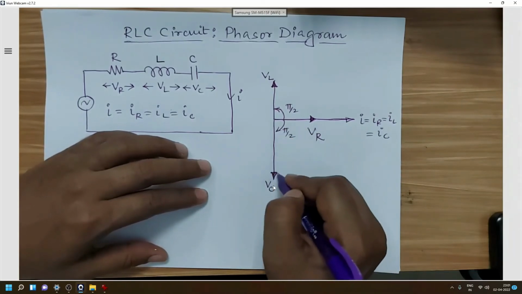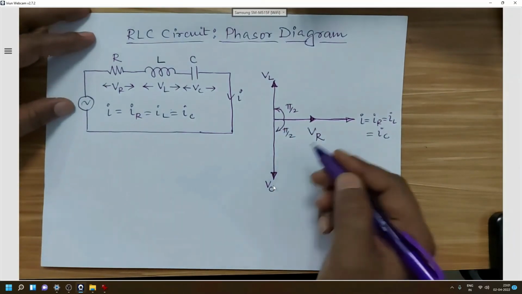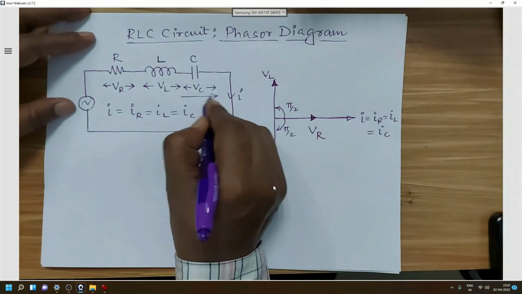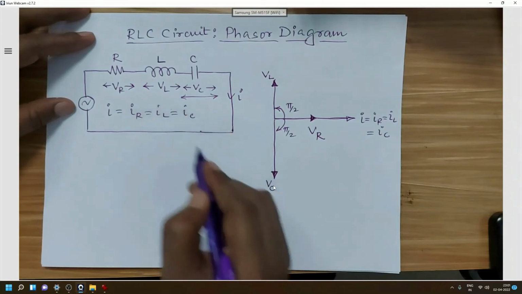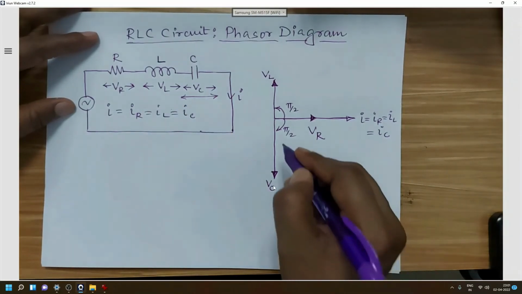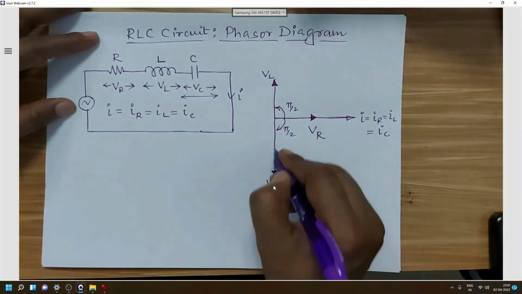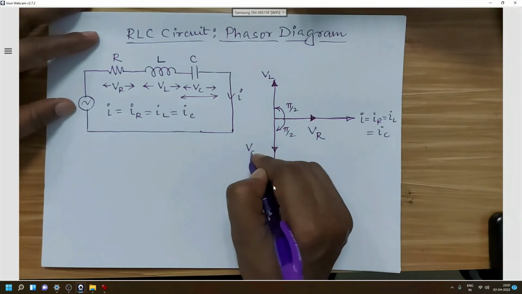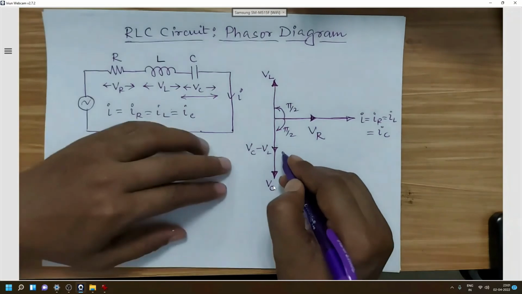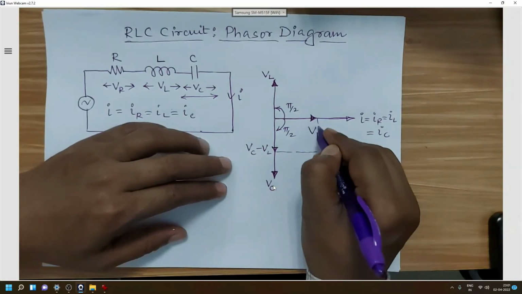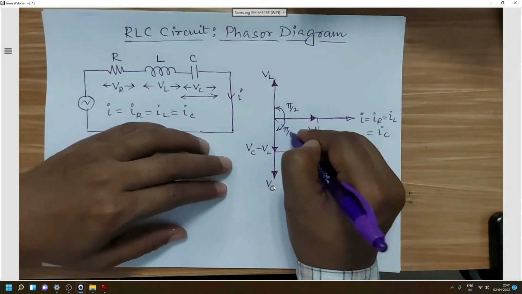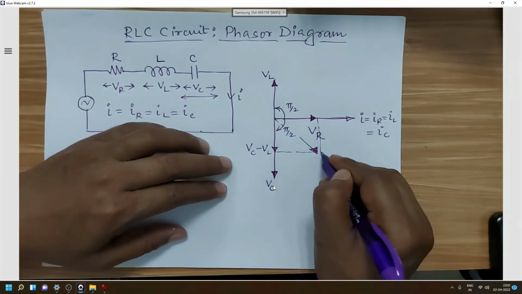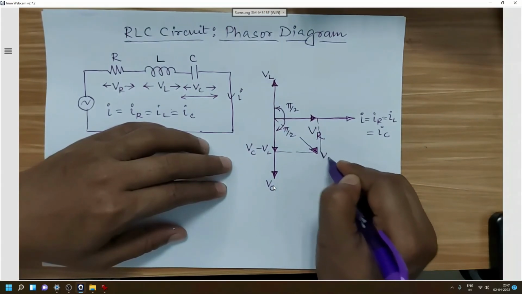So now here we have assumed that the capacitive effect will be more. So if the voltage drop across the capacitor is bigger than the voltage drop across the inductor, then we have to subtract VL from VC. So this will be VC minus VL, and for that we will get one resultant vector which will be obtained in this direction, and it will be the resultant vector for the entire circuit, that is VT.